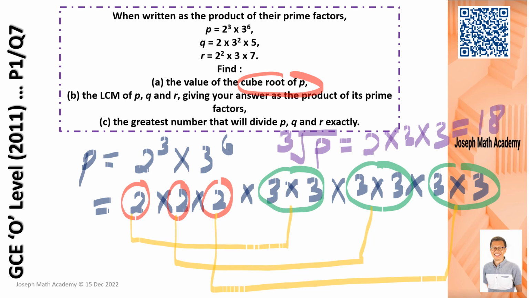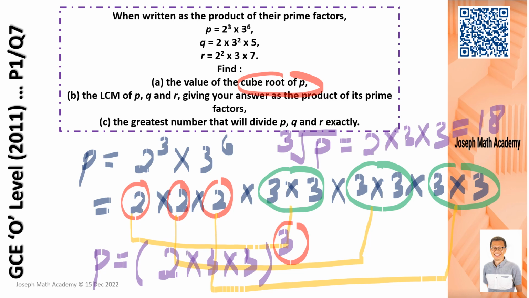Why is that so? Because 2 times 3 times 3 has appeared 3 times in the value of P. The 3 here means there are 3 identical groups. So when we do a cube root, we get this value. 2 times 3 times 3 is 18, which gives us 18. So part A is done.